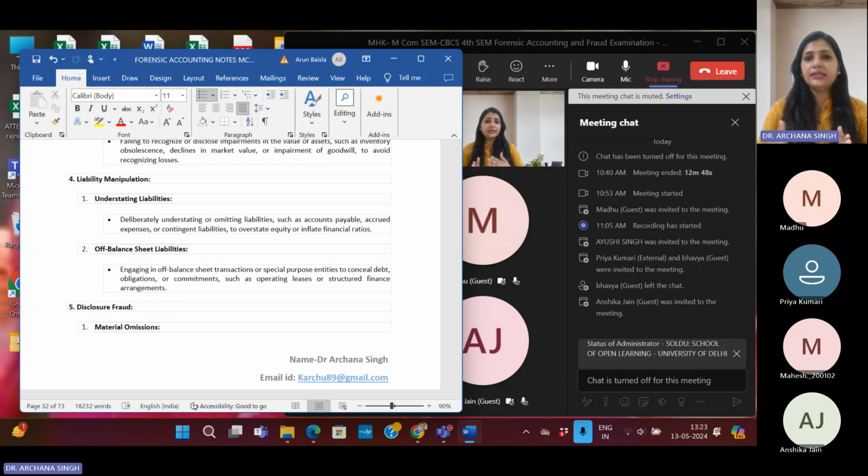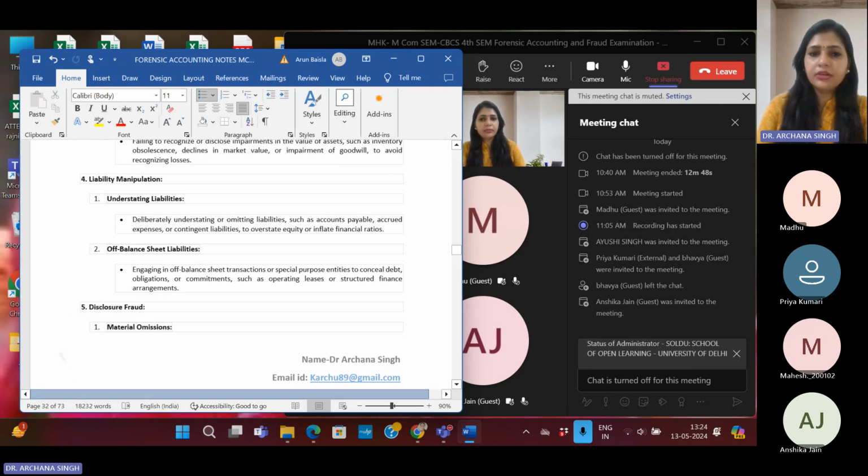So understating the liabilities is also liability manipulation. And off-balance-sheet means showing off-balance-sheet transactions or special purpose entities to conceal your debt obligations or commitments, like operating leases or structured finance arrangements. So off-balance-sheet is also liability manipulation.